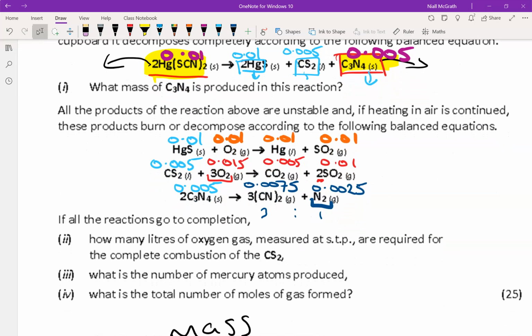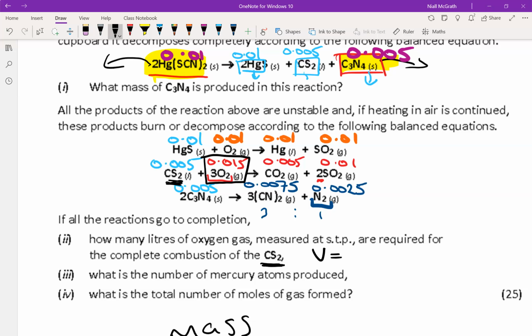So we look at our questions. How many litres of oxygen gas measured at STP are required for the complete combustion of CS2? So to find your volume, you're going to have your number of moles multiplied by your molar volume at STP, which is 22.4. So you have 0.015 moles of oxygen gas in that second reaction, because we're talking about the combustion of CS2. That's there.